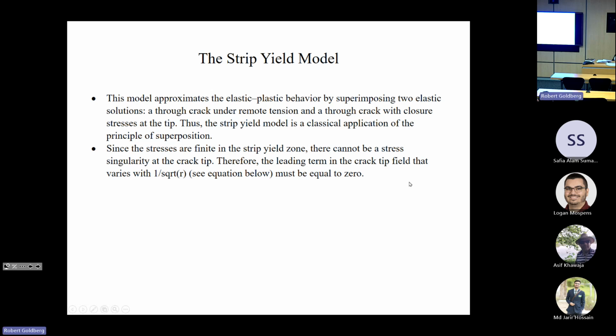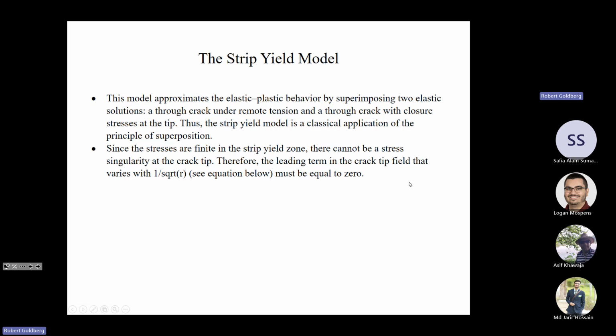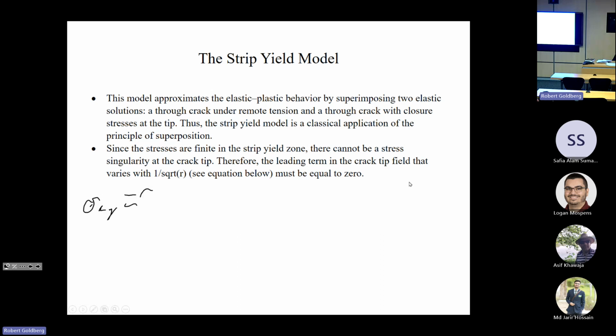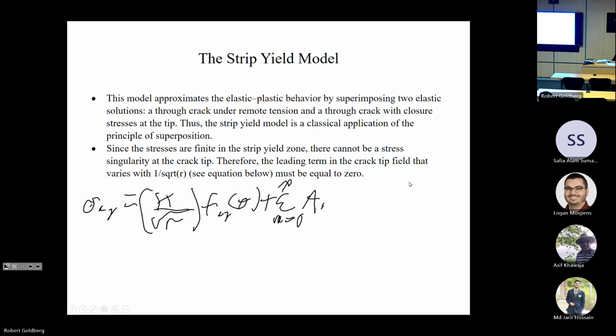And since the stresses are finite in the strip yield zone, because we talked about, either last week or the week before, the general solution for the stress was equal to some constant k divided by the square root of r times some function of theta, plus the summation from m equals 0 to infinity of a_m r to the m over 2 g_ij^m of theta.